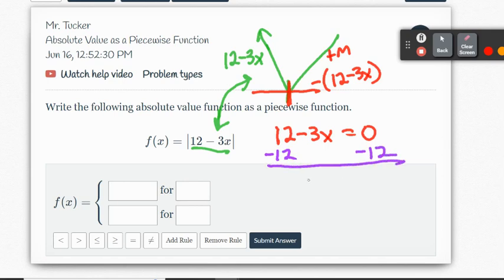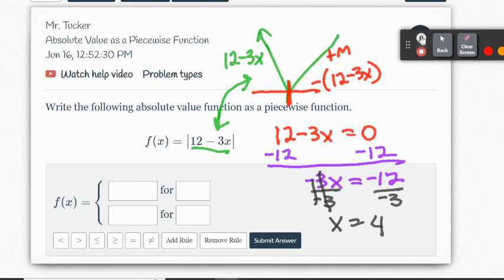We'll work it through. So -3x equals -12. And this time I have to consider what happens when I divide by a -3 to isolate. And anytime you have a negative divided by a negative, it's going to turn positive. So on the left-hand side, that turns out to be x equals 12 divided by 3 is positive 4 because the negatives cancel out there.